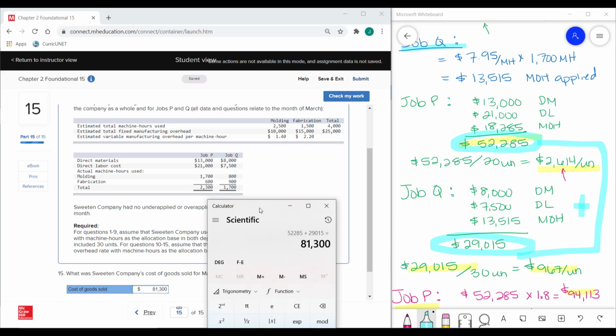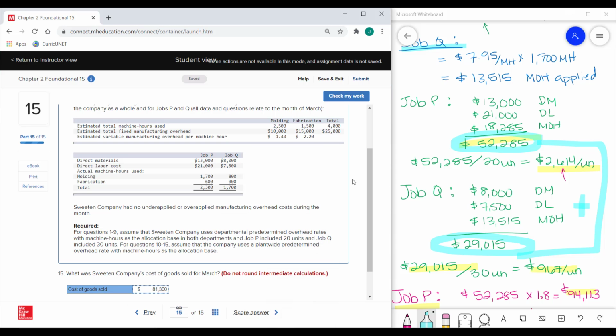The only difference between 1 through 9 and 10 through 15 is how we divvied up those costs between job P and job Q. So at the end of the day, regardless of how the costs were divvied up, if you sold both jobs, all of those costs would have anyways flowed through to cost of goods sold. So since we sold both jobs, the cost of goods sold overall is still $81,300.